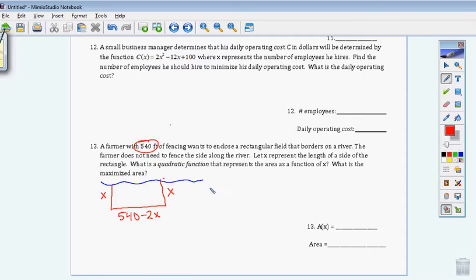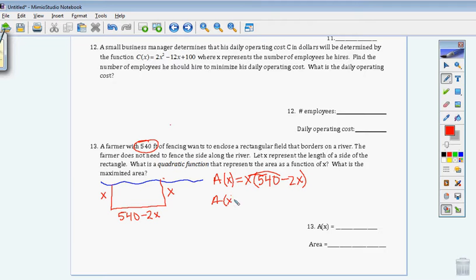Okay, don't forget we're trying to get a quadratic function here. So the area in terms of x would be the same as length times width, or side times side. So we're going to have x times 540 minus 2x. And now once we're there, we're going to simplify this through, distribute.